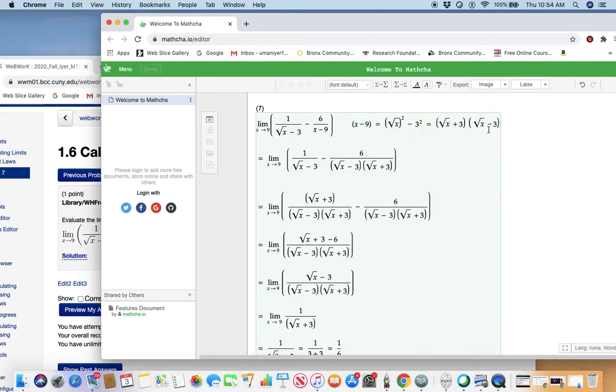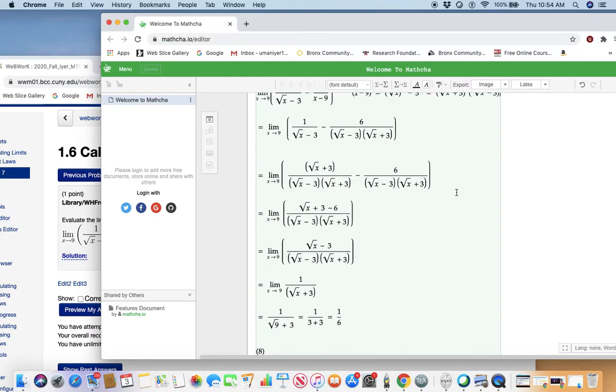Why do I do this? Look, there is a root x minus 3. That gives me a hint that I need to factor this. So I took this, factored it. Everything else is as it is. Now, I need a common denominator because this is a subtraction of fractions. So for this fraction, to get the common denominator, I need one more factor.